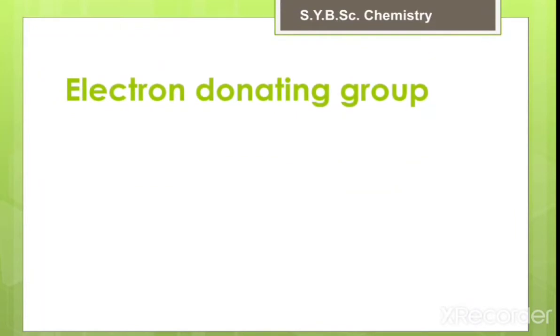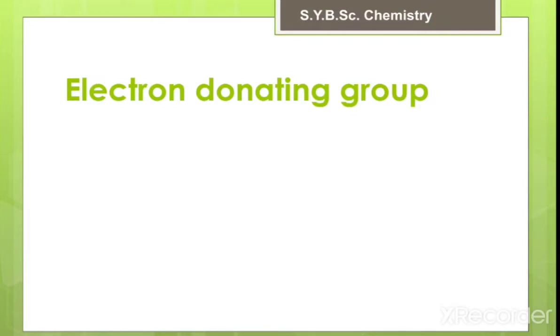Okay, first we discuss the electron donating group. An electron donating group, that means a group which releases electrons, tends to reduce the positive charge at the electron deficient carbon and itself becomes somewhat positive. This dispersal of charge stabilizes the carbocation and increases the rate of the SN1 reaction.